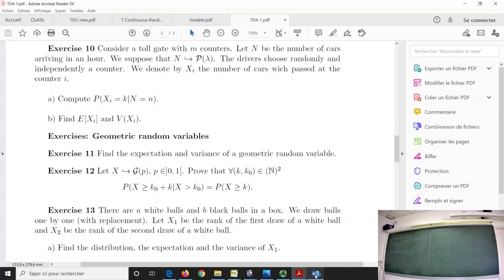One way to start: I have a conditional probability, so I can try to apply the definition of the conditional probability.